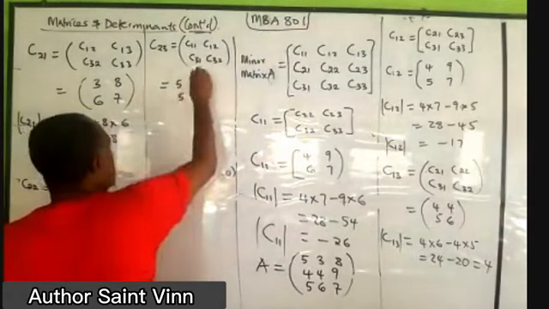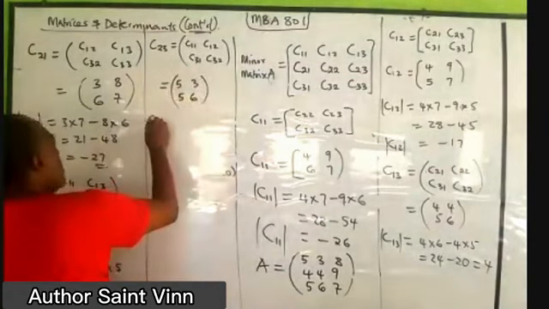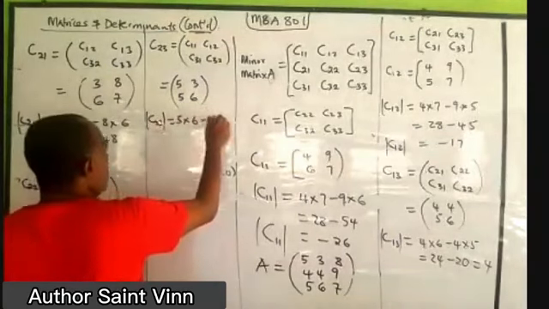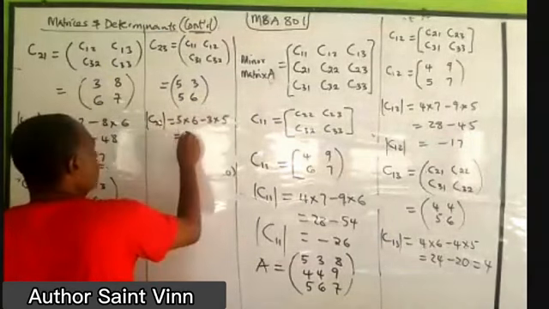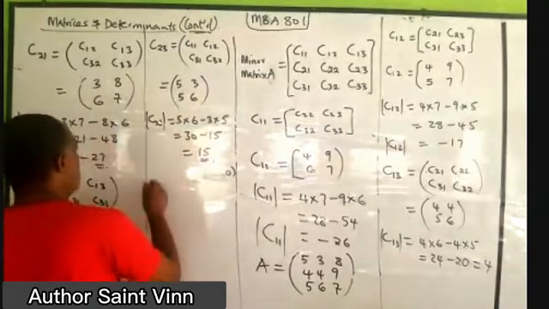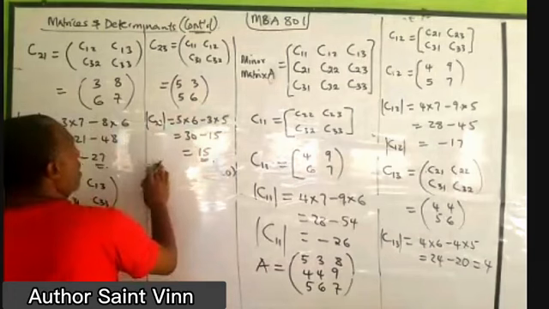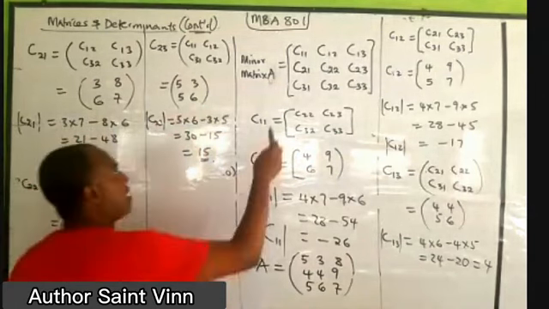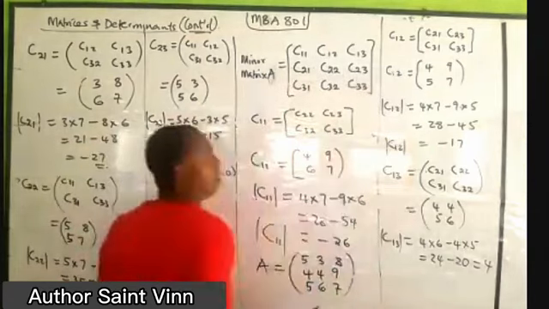We have the determinant 5 times 6 minus 3 times 5, which is 10 minus 15. Okay, that row has finished. We have finished the second row.